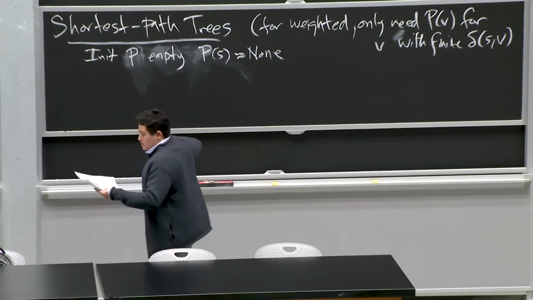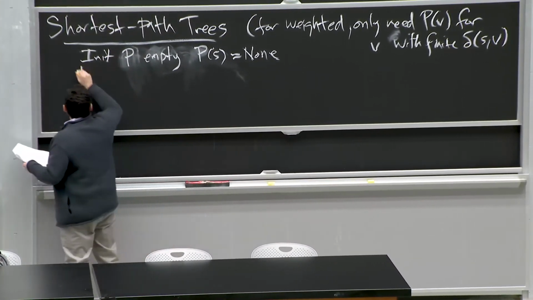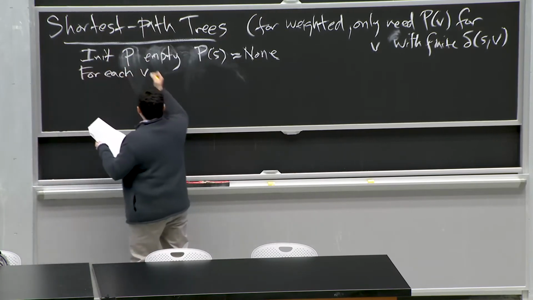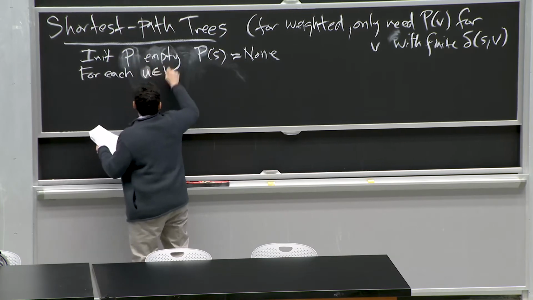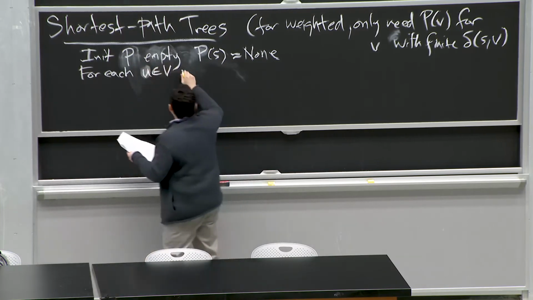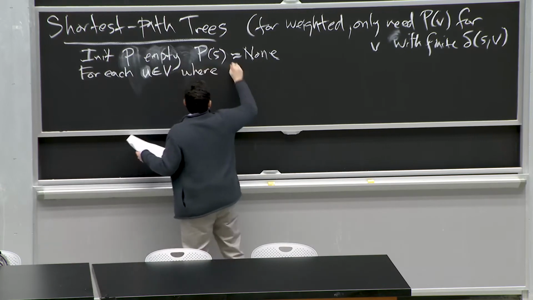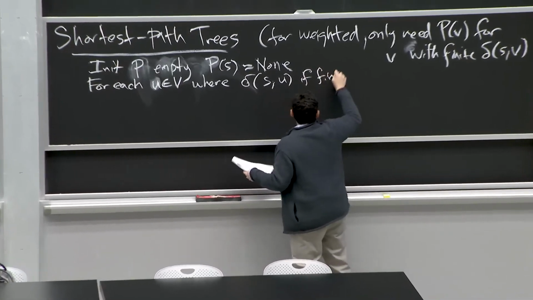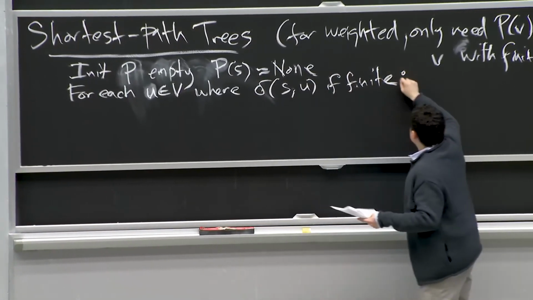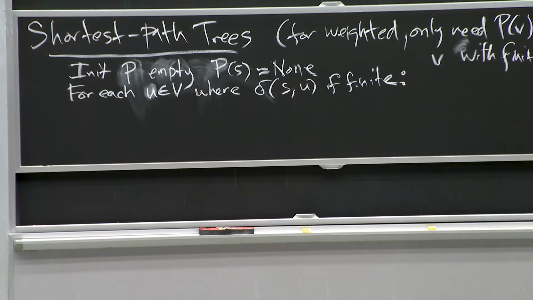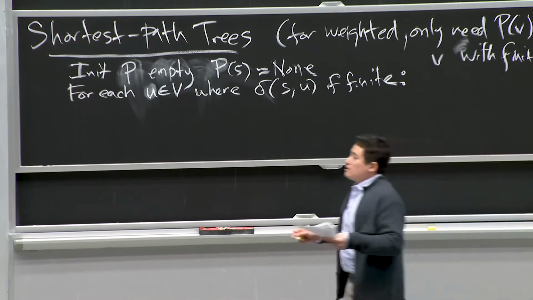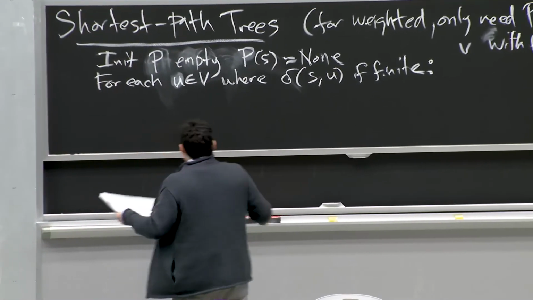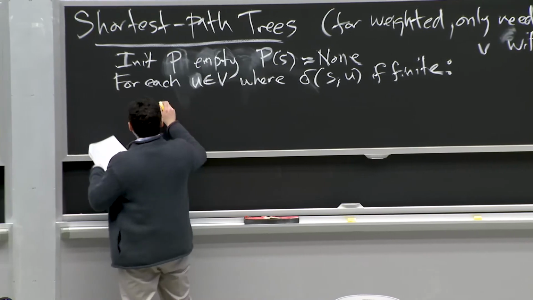So what I'm going to do is for each vertex u in my graph, where my delta s of u is finite, what am I going to do? I'm going to say, well, let's take a look at all my outgoing neighbors. This is kind of what we do in every graph algorithm.